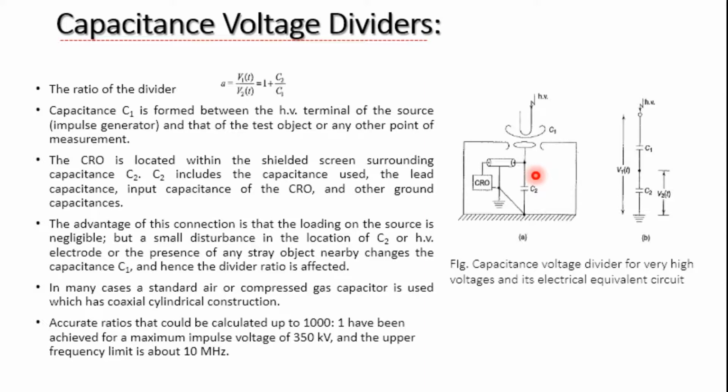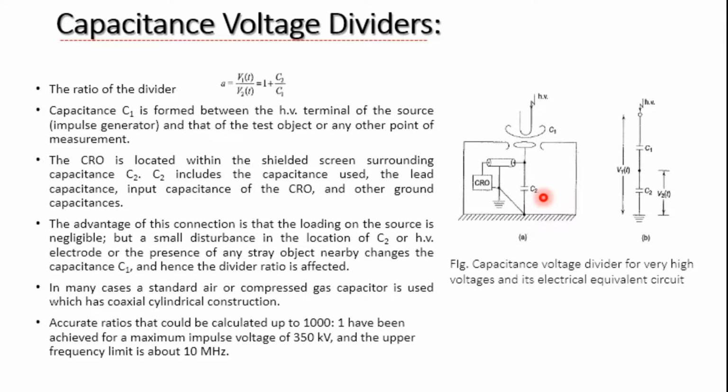But if there is a small disturbance across C2 from the high voltage electrode or the presence of any other stray object, there is a capacitance to C1, and hence the divider ratio is affected, because it is then C1, C2 and C1. So the ratio of the divider will change.